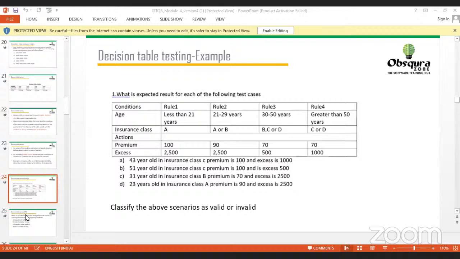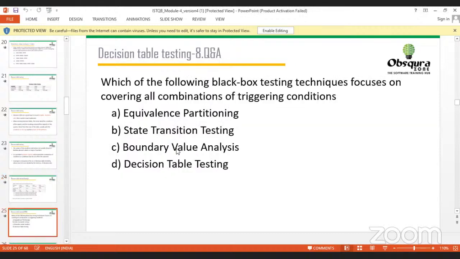Now next we move on to the next question: which of the following black box testing techniques focuses on covering all combinations of triggering conditions?